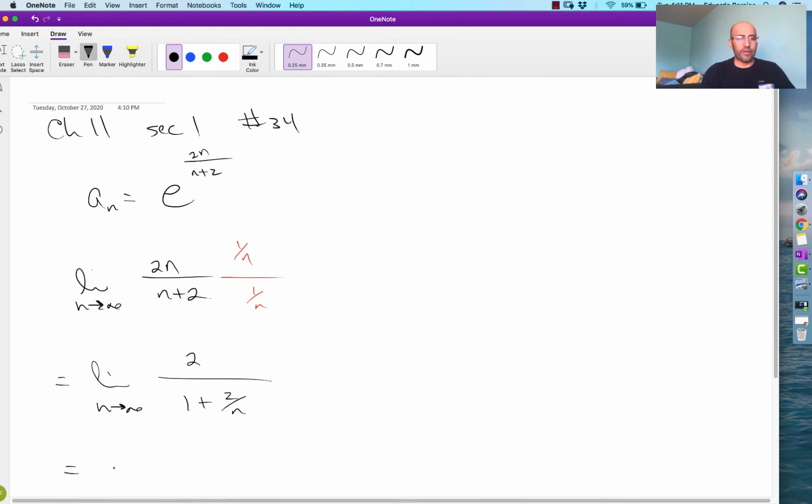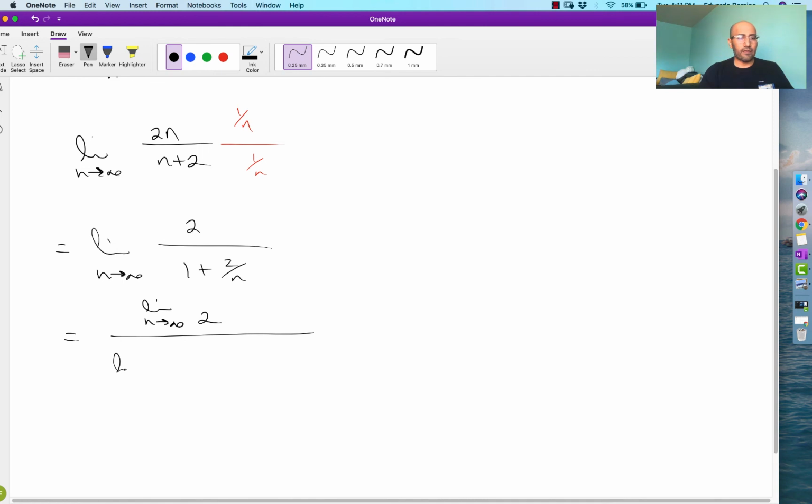And so now we can break this down into one giant fraction, where we have the limit as n goes to infinity of 2 divided by the limit as n goes to infinity of 1 plus the limit as n goes to infinity of 2 over n.